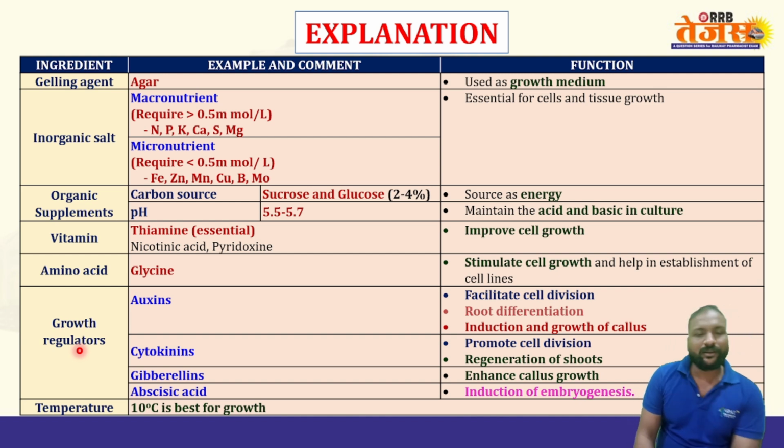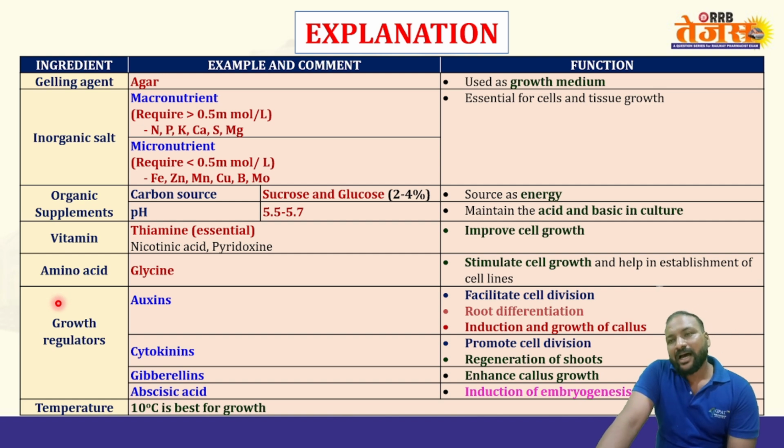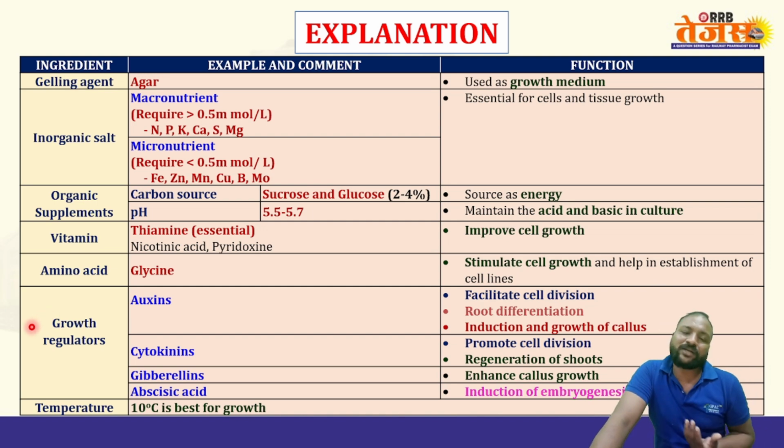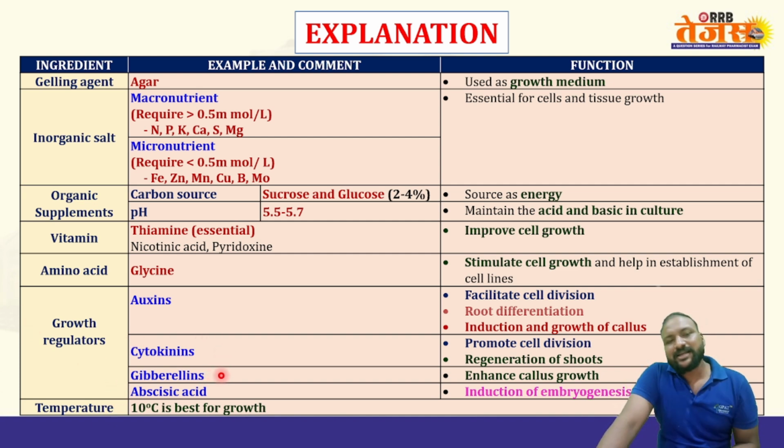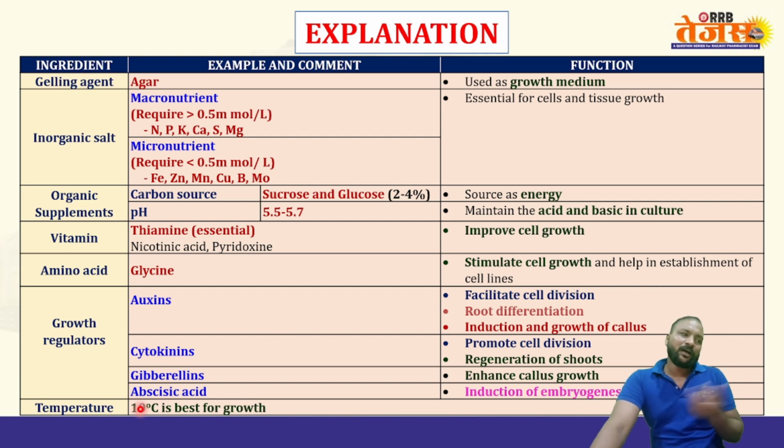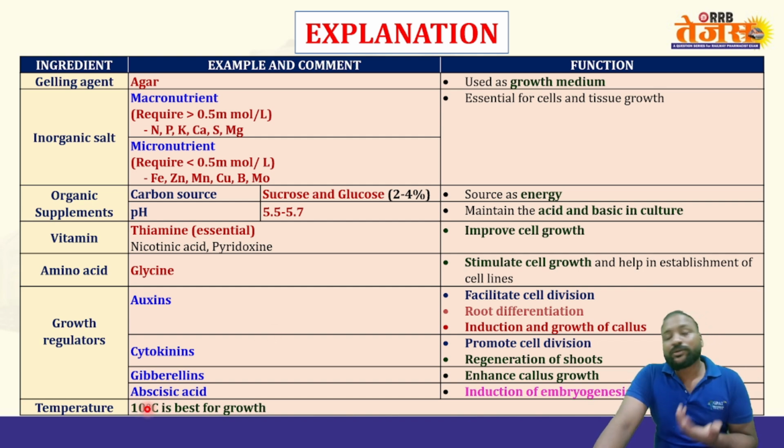In controlled conditions, because after becoming a plant, the plant will synthesize its own plant hormones, but a single cell won't synthesize its own plant growth hormone. So for that reason, we need to supply them externally, so growth regulators like auxins, cytokinins, gibberellins, and abscisic acid need to be added, because they have different functions to get a good growth of the plant.